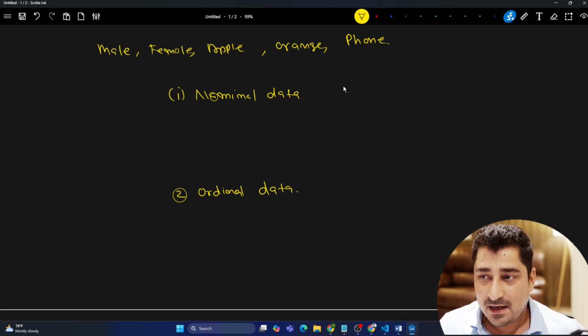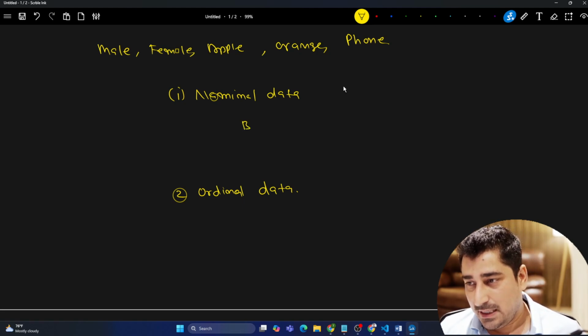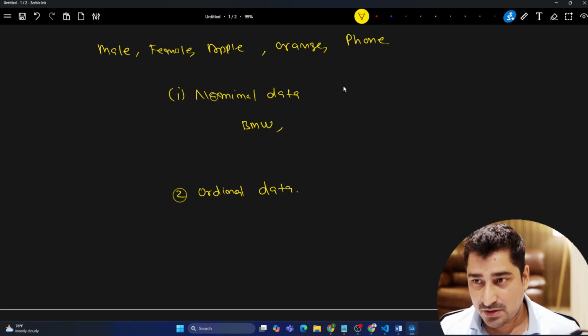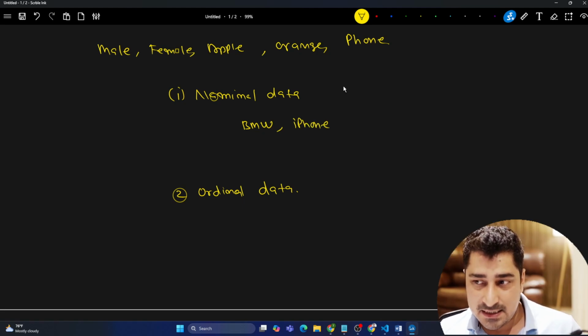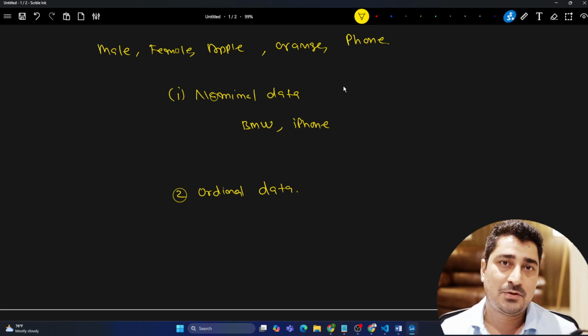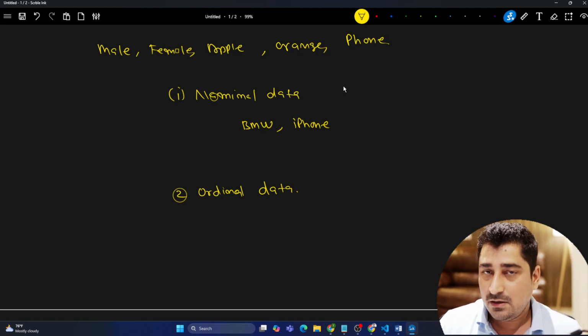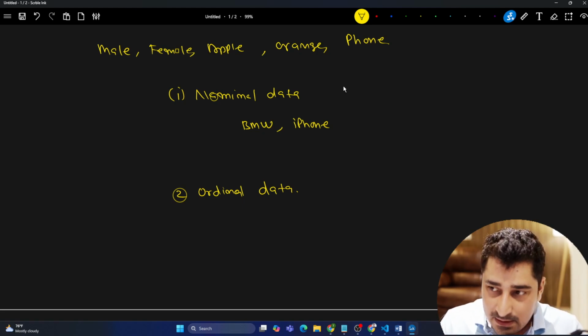So, when we say nominal, let's suppose I'm talking about a BMW from a car category, or maybe just an orange, or an iPhone over here. Just by giving a name, I'm trying to represent a property of the data, or someone will be able to understand the property of the data.